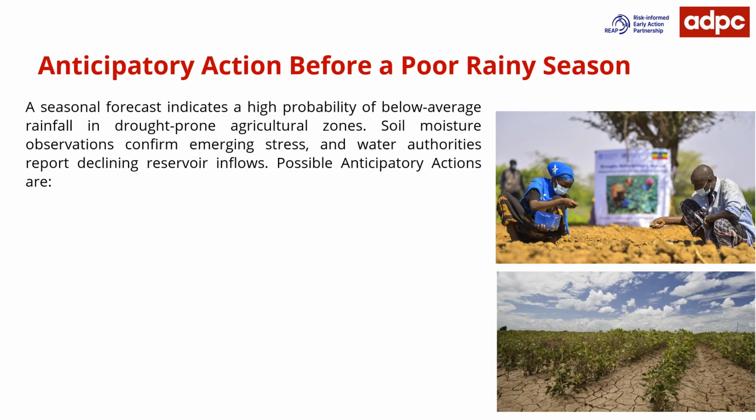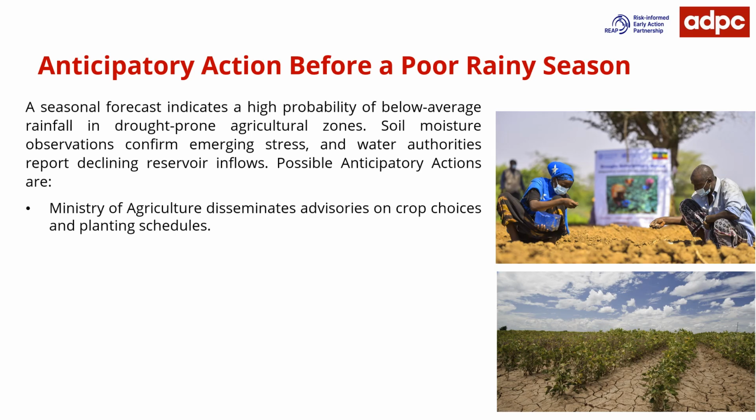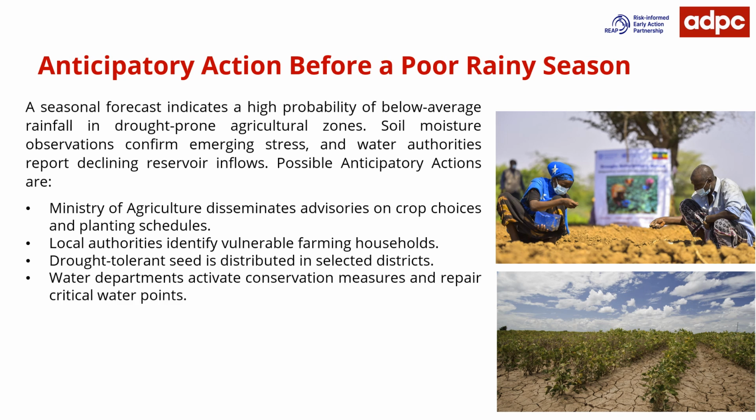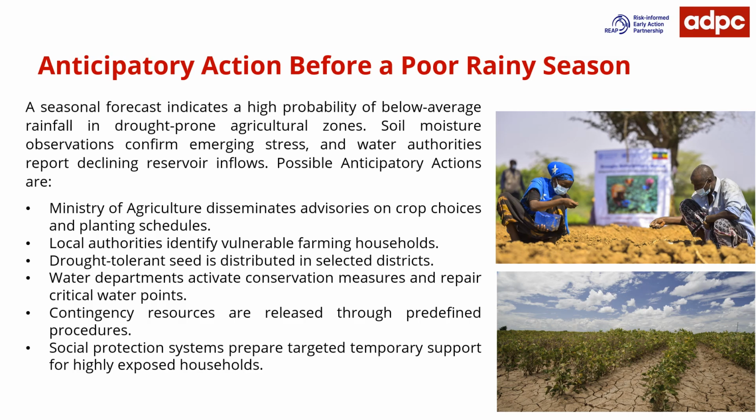The possible anticipatory actions are: the Ministry of Agriculture disseminates advisories on crop choices and planting schedules, local authorities identify vulnerable farming households, drought-tolerant seed is distributed in selected districts, water departments activate conservation measures and repair critical water points, contingency resources are released through predefined procedures, and social protection systems prepare targeted temporary support for highly exposed households.